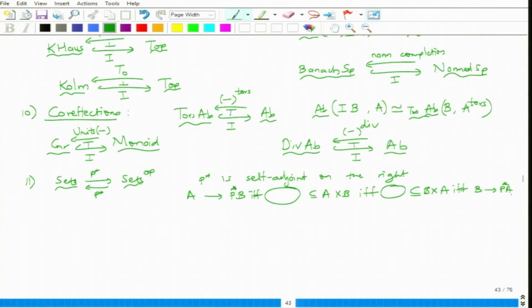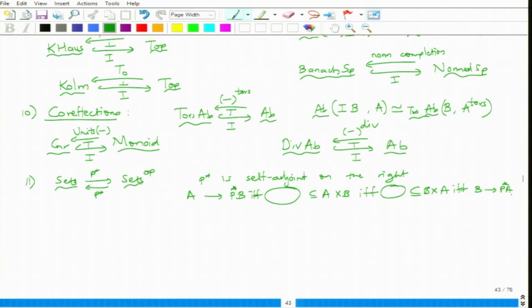There will be 3 different versions, and if certain properties are satisfied, especially if a functor preserves all limits, then it will have a left adjoint. If a functor preserves all co-limits, then it will have a right adjoint, and there will also be some versions of that condition. That's our ultimate goal.